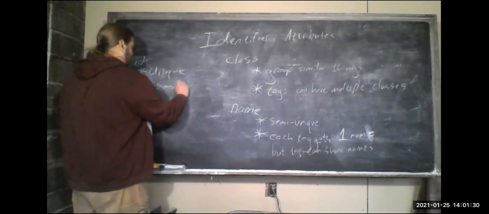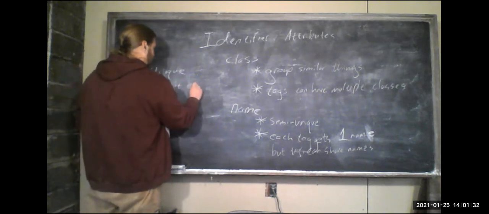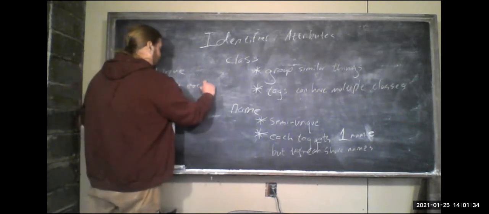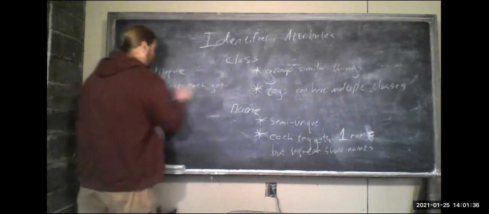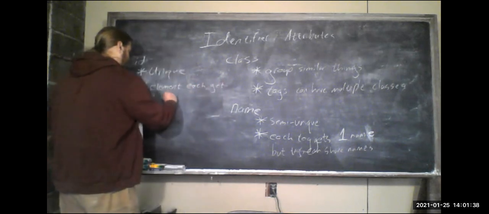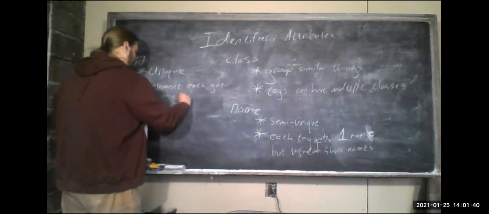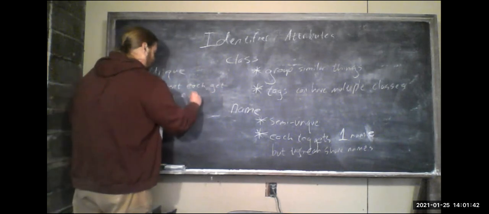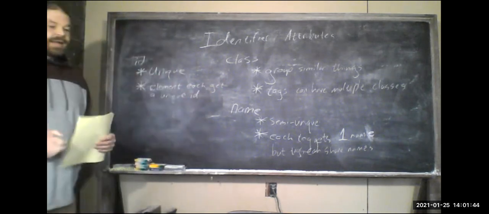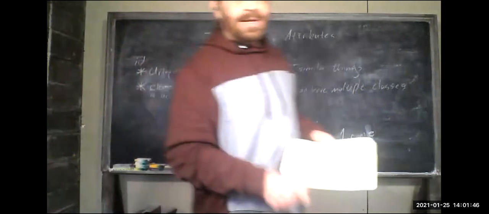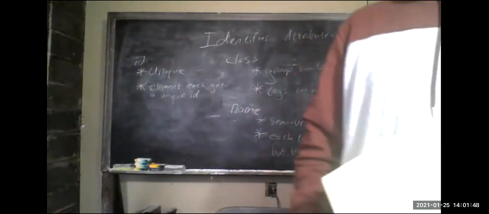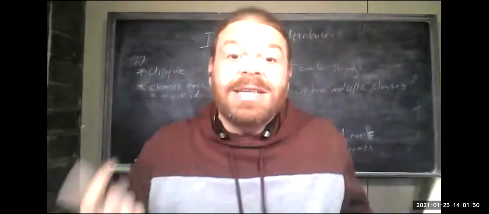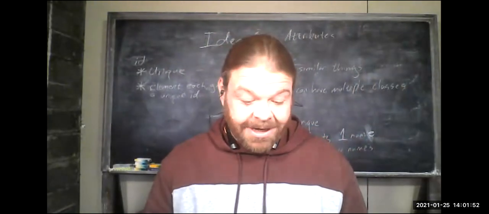Elements each get a unique ID. And I say should not because it should be unique. Like no 2 IDs should be the same. That's kind of what ID means, right?